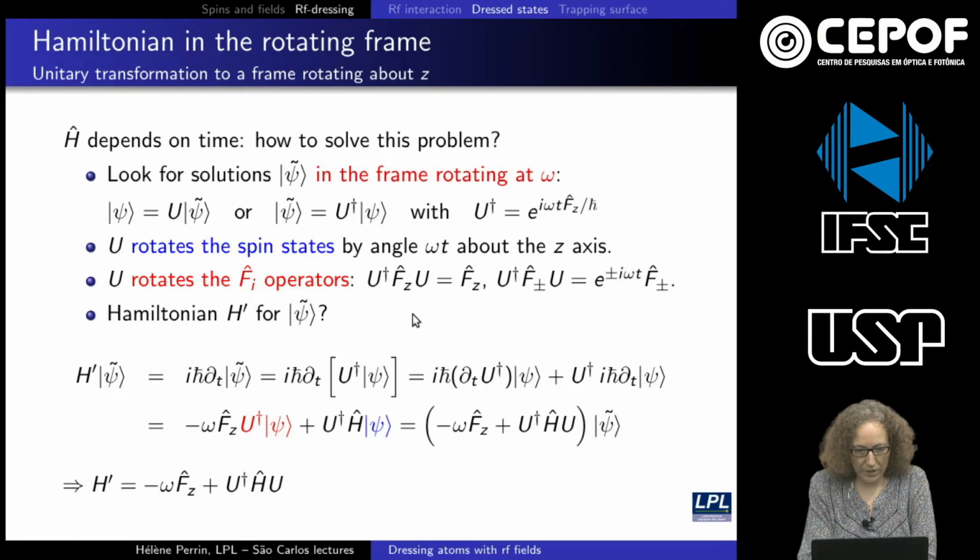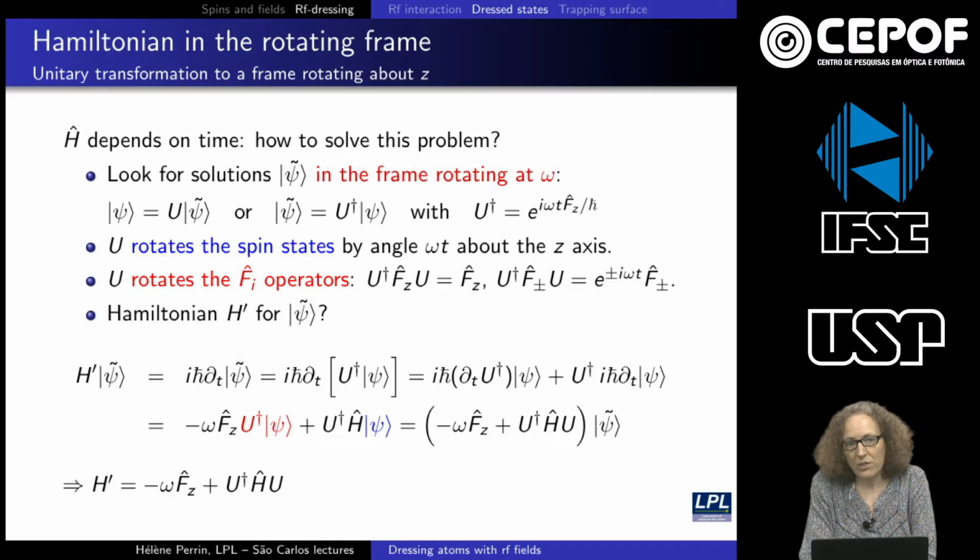The effect of U on the Fx, Fy, Fz, F plus, F minus operators is as follows. So I will concentrate on the effect on Fz and F plus minus. Of course, because in U there is just Fz, it will commute with Fz, and the effect on Fz is just nothing. However, the effect of U on F plus and minus is to introduce a phase shift, which is equal to exponential i omega t for F plus and minus i omega t for F minus.